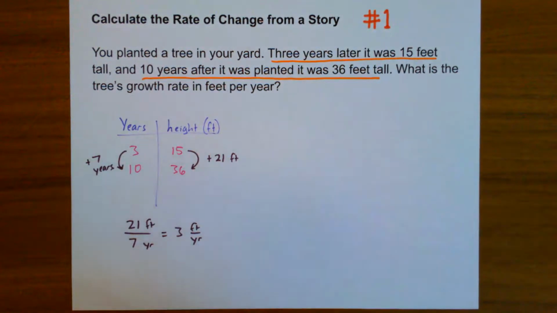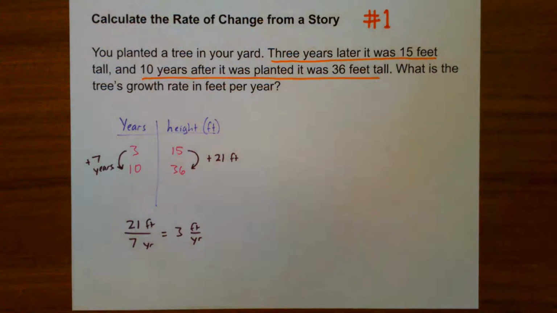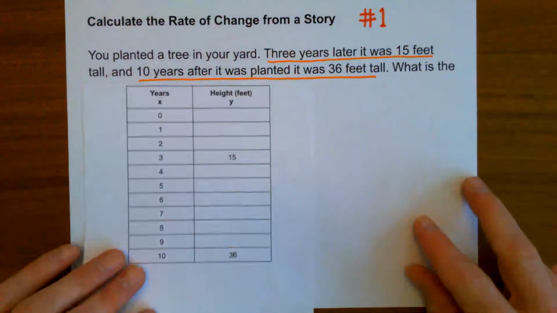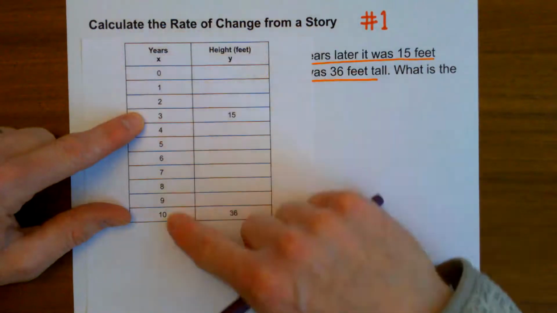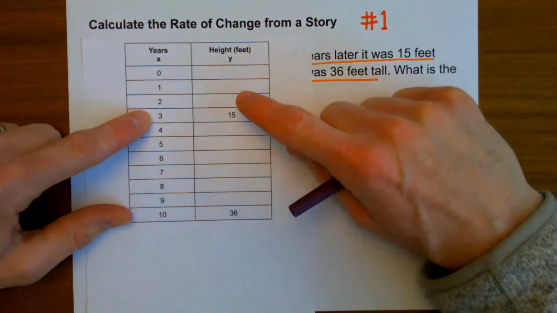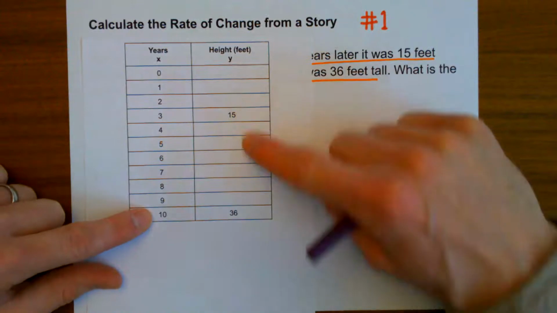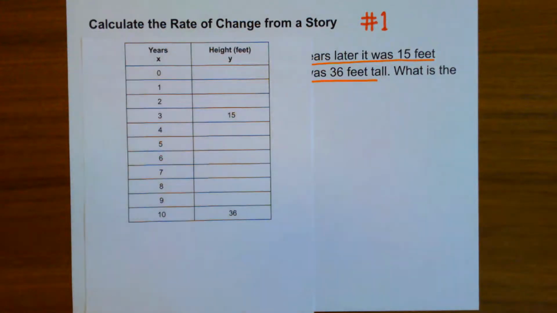3 feet per year. And we can confirm this if I make an even bigger data table, starting at year 0, going to year 10. I can see after 3 years it's 15 feet tall. After 10 years it's 36 feet tall.